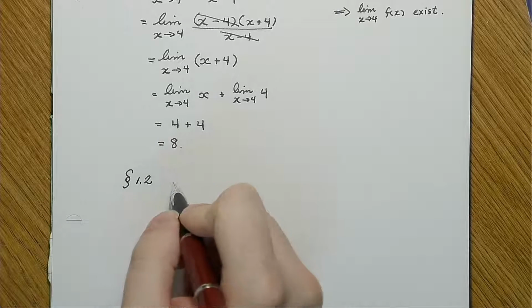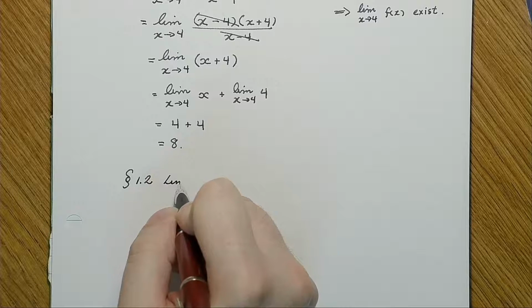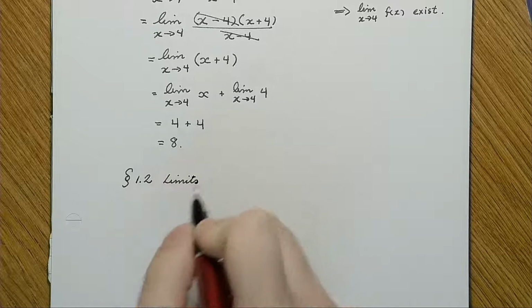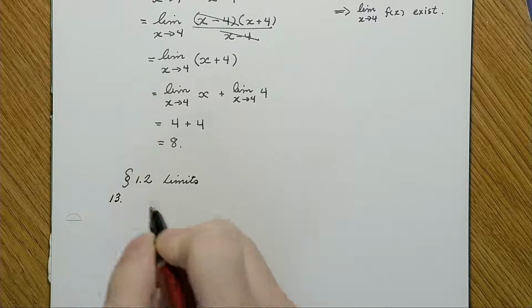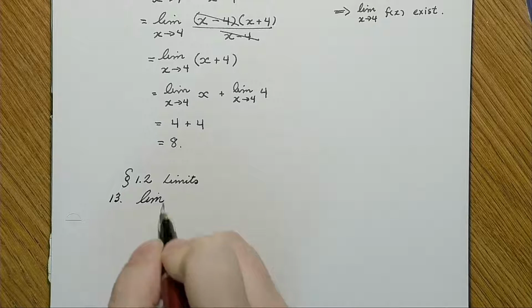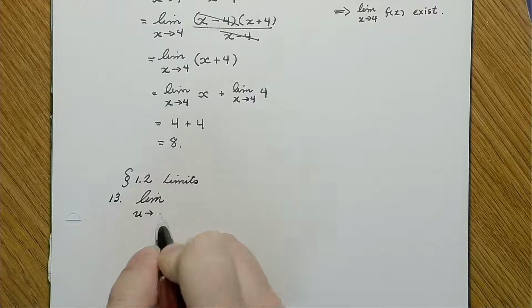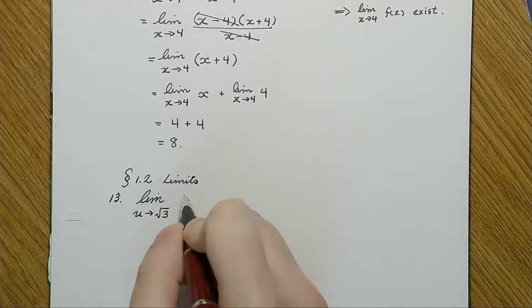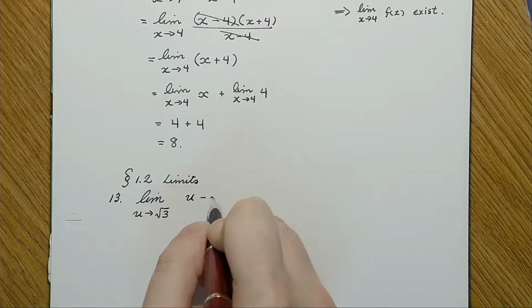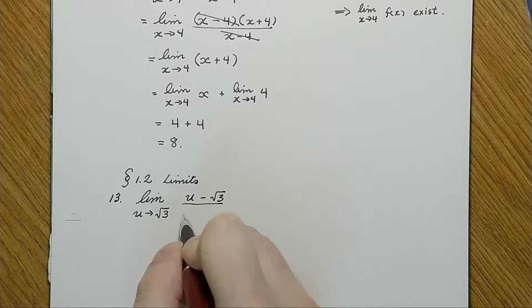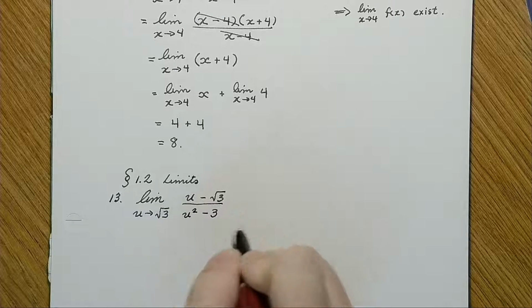And this is from section 1.2 on limits, question 13. They had this one, which was the limit as u goes to root 3 of u minus root 3 over u squared minus 3.